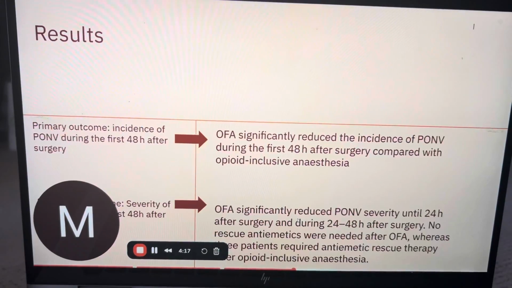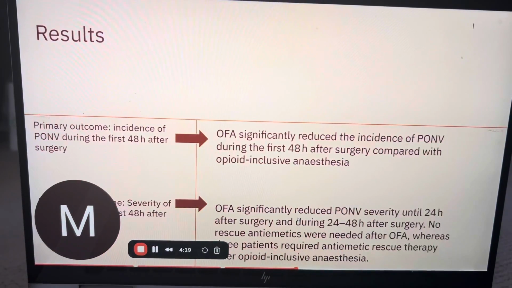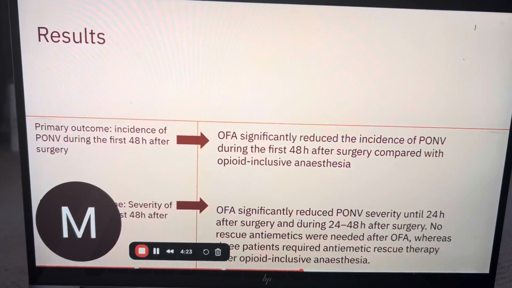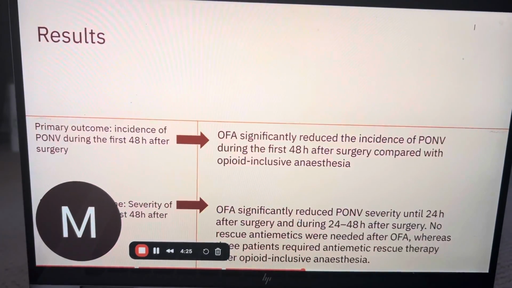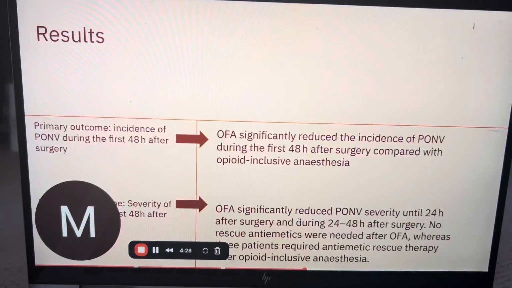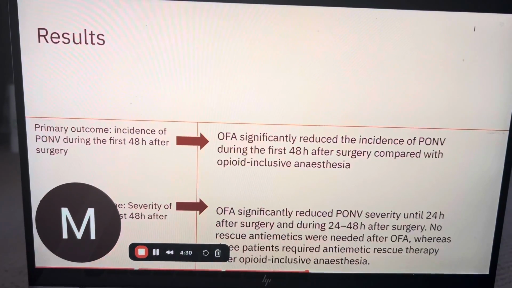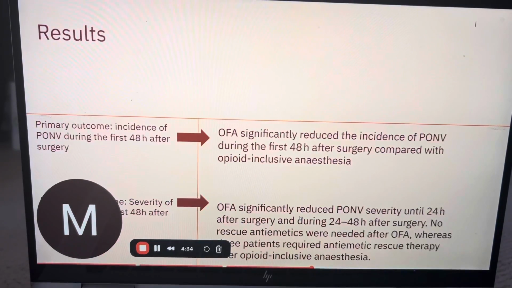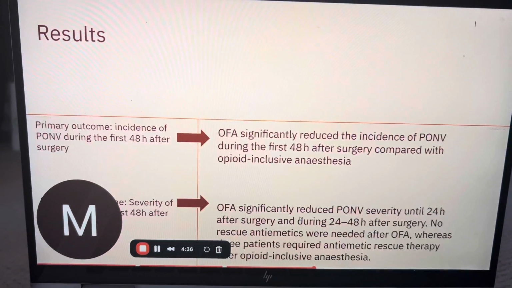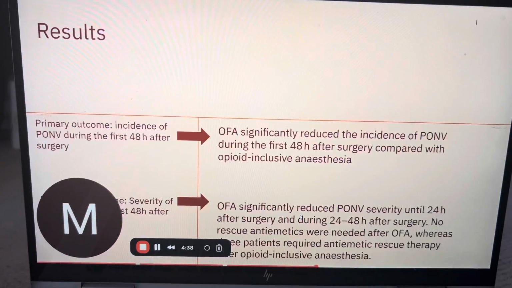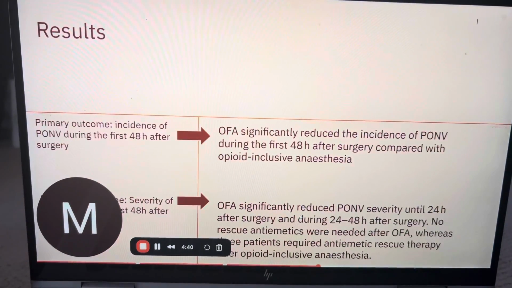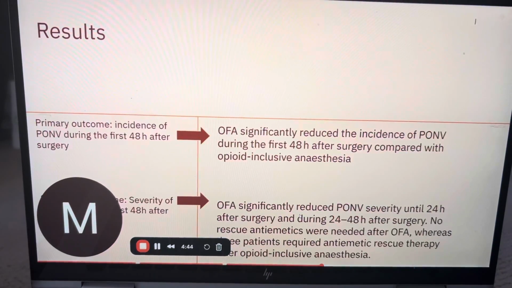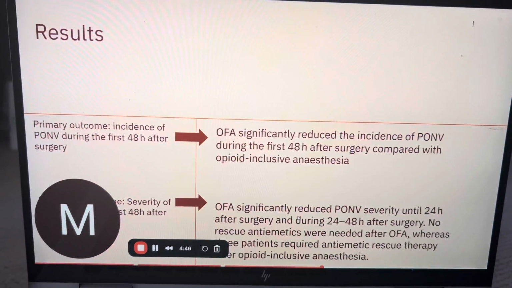And when looking at the secondary outcome, opioid-free anesthesia significantly reduced postoperative nausea and vomiting severity until 24 hours after surgery and during 24 to 48 hours after surgery. No rescue antiemetics were needed after the opioid-free anesthesia, whereas 3 patients required antiemetic rescue therapy after the opioid-inclusive anesthesia, which will be shown on the graph I'm about to show you.